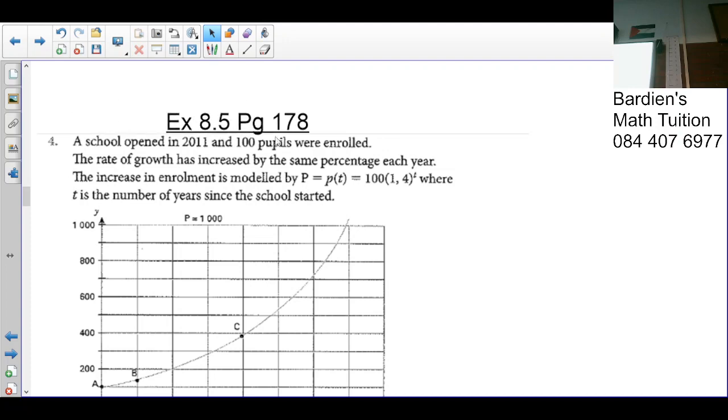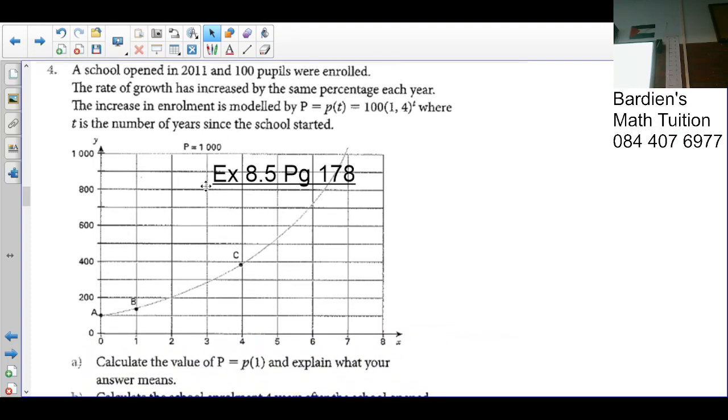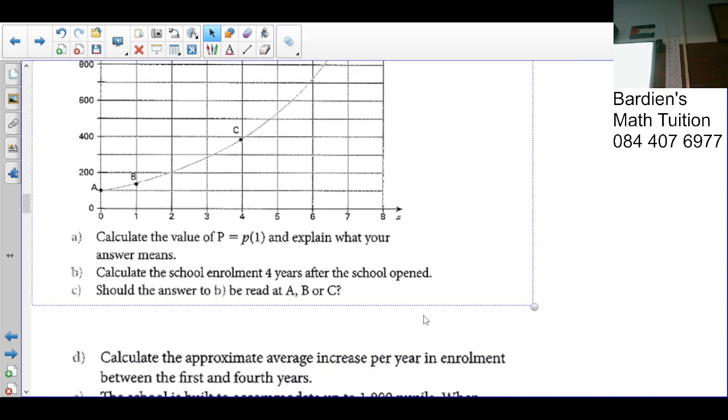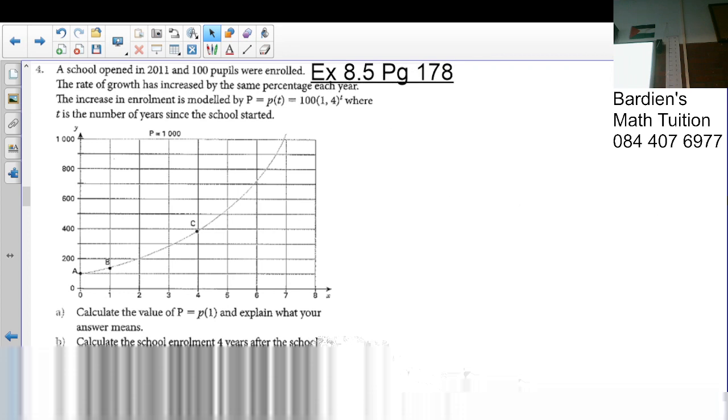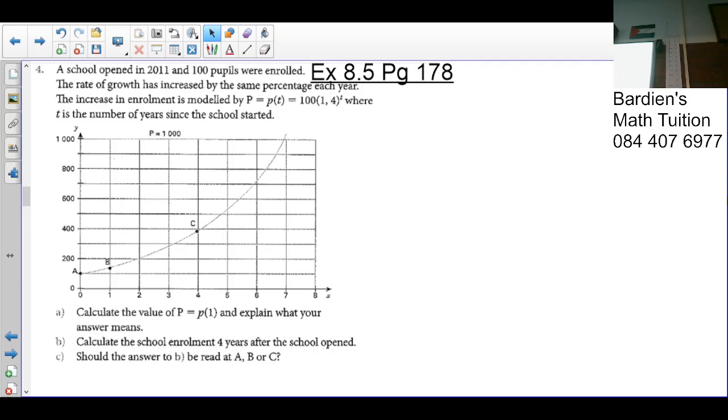In question 4, we are told a school opened in 2011 and 100 pupils were enrolled. So they started off with 100 pupils. Okay? The rate of growth has increased by the same percentage each year.